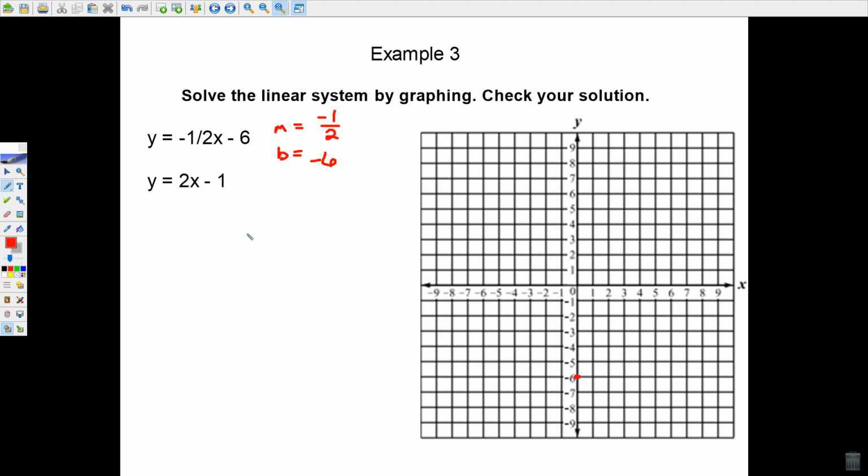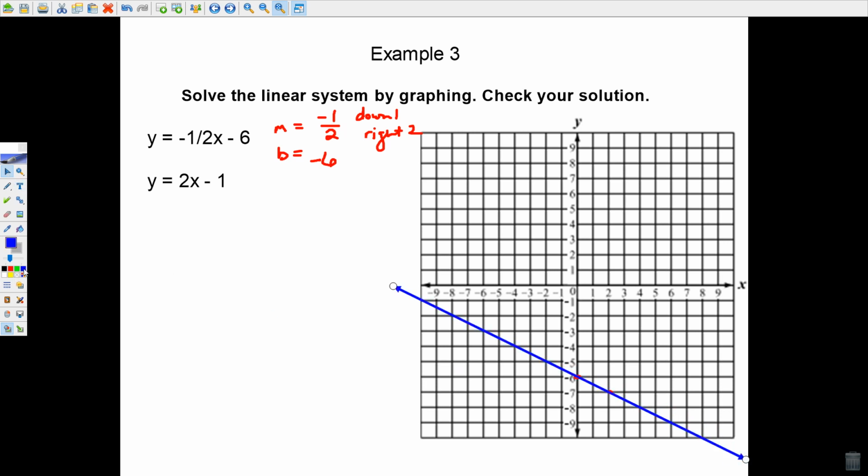My slope tells me to go down 1, right 2. From here, down 1, right 2, put another point, and again. I can get as many points as I want, but 3 is pretty good. If you want to do more, feel free. You can continue the whole thing with points, and then draw your line.